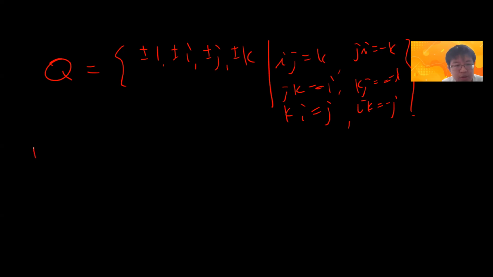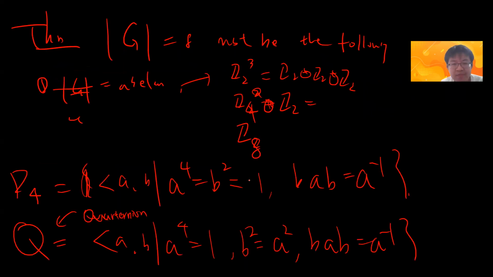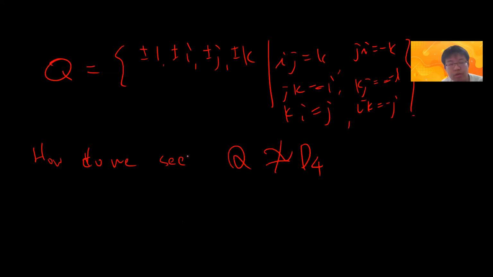And so the problem is: how do we see that Q is not isomorphic to D4? Okay, so I think you only need to check the orders of the elements. So let me just quickly check for you. Q has 1, minus 1, i, minus i, j, minus j, k, minus k.